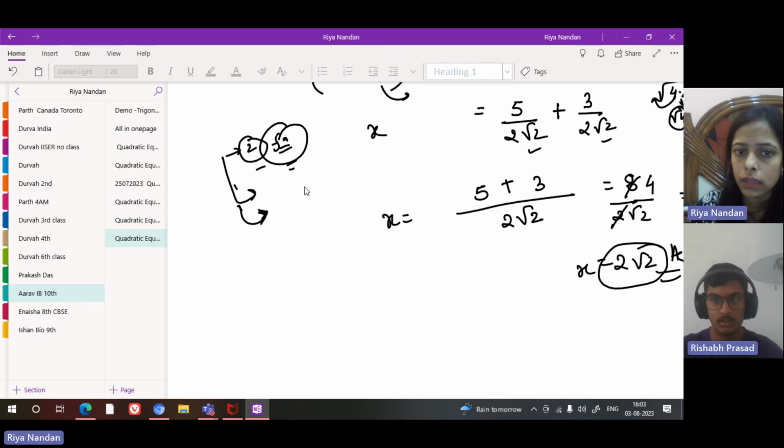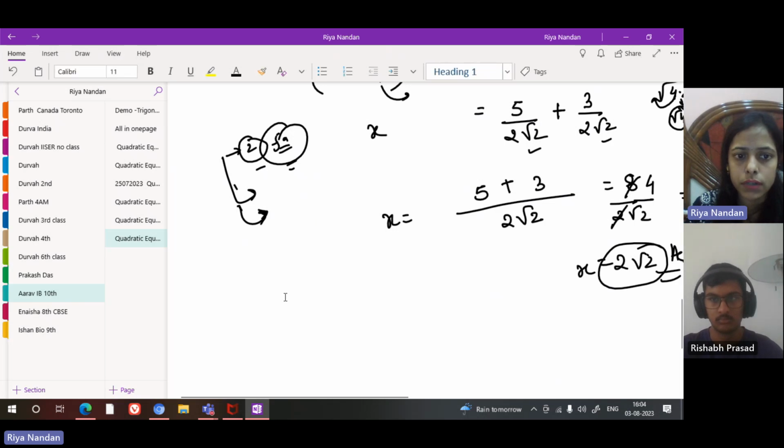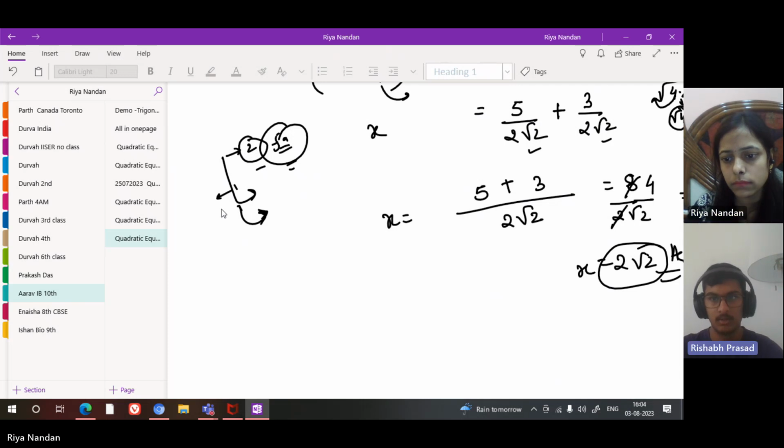And now this is the end of quadratic equations. Once you are back from the vacation, we will take 4 to 5 or 10 minutes for a quick revision of the quadratic equation, and then we'll start the next chapter. If you have any doubt in between while on vacation, if you solve the questions, ask me on WhatsApp.